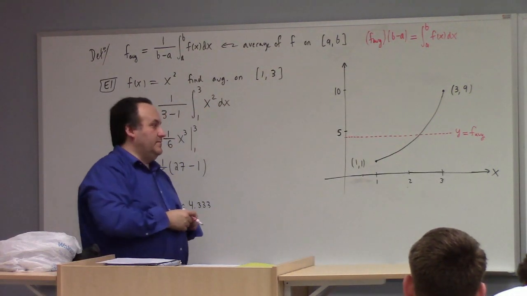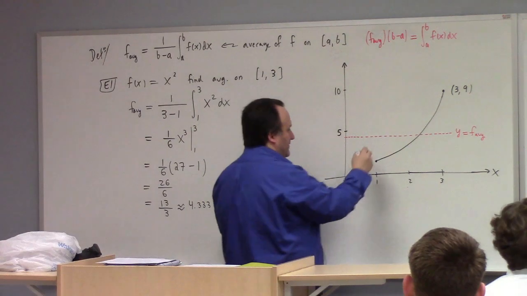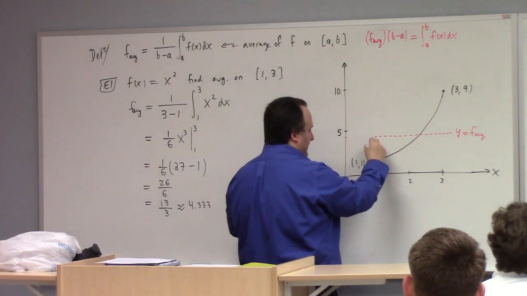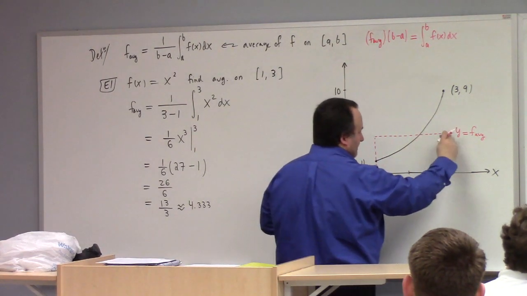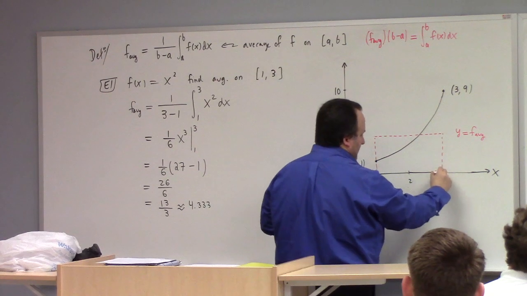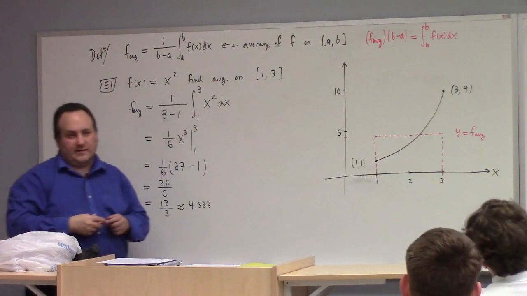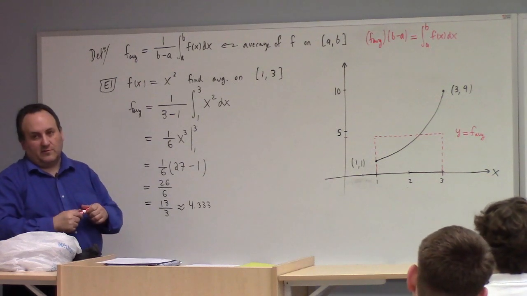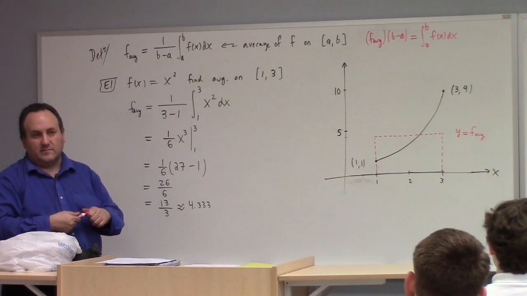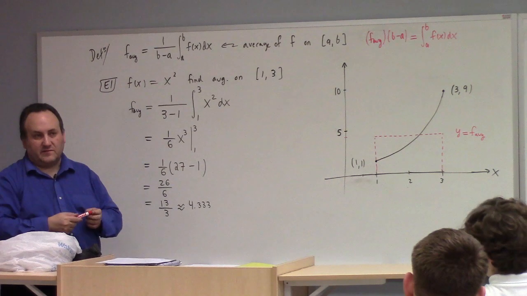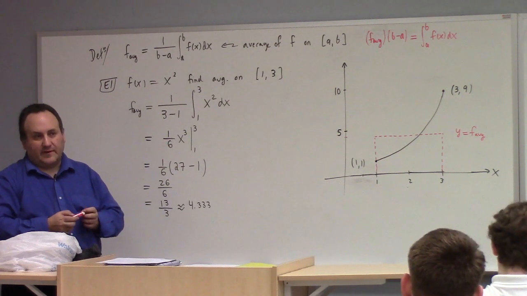So if I look at this rectangle like this, that rectangle should have the same area inside it as the curve has under it, since we're dealing with a non-negative function, right?